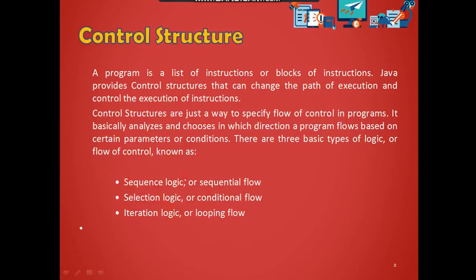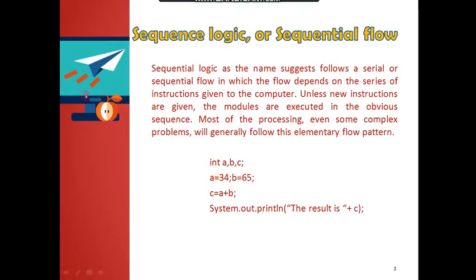Fine. So at first let's discuss a little about sequential logic. Sequential logic or sequential flow is when the program moves from the beginning, from the top till the bottom sequentially, and in between never changes its path.